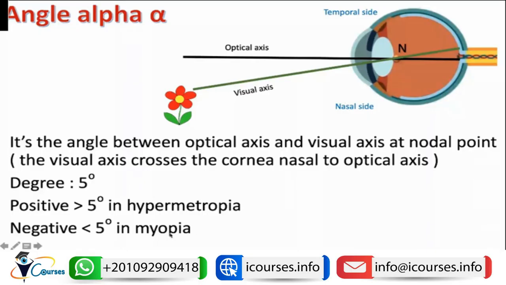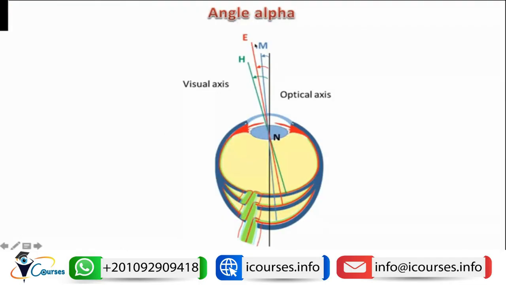And why does this occur? If we consider that this middle eye is the emmetropic, or normal sized, eye, and this is the fovea of the emmetropic eye, then this will be the visual axis, and the optical axis passes over the center of the cornea and the center of the lens.